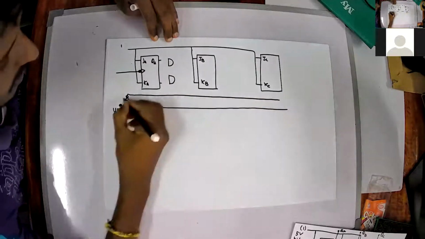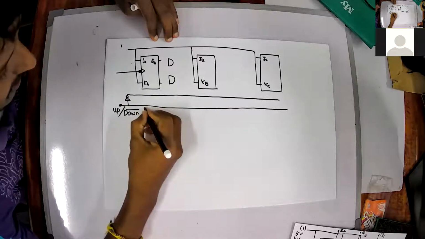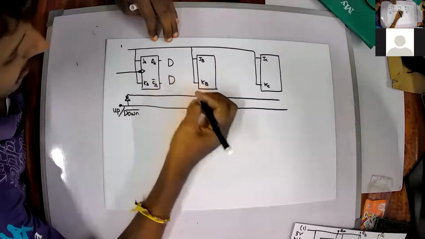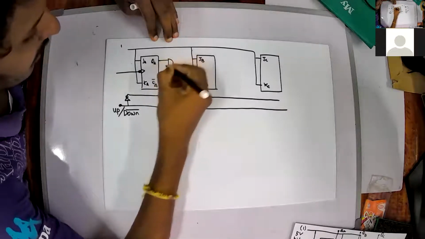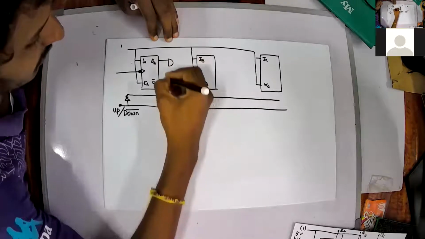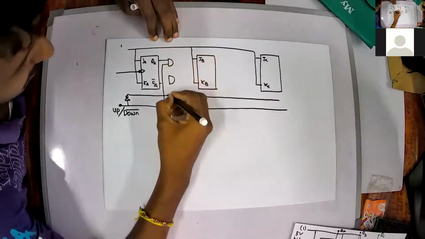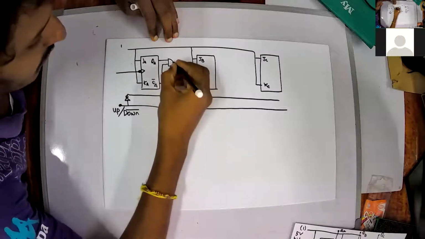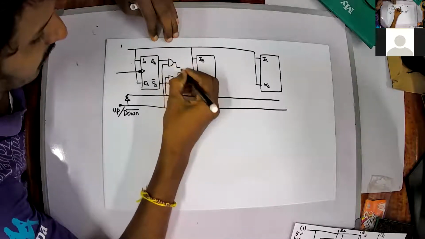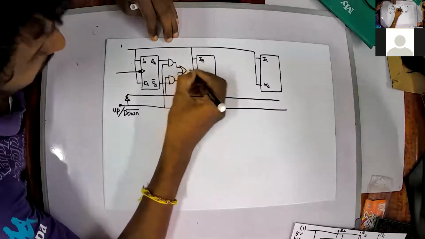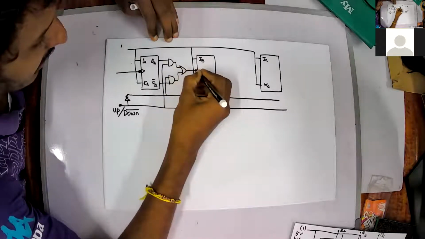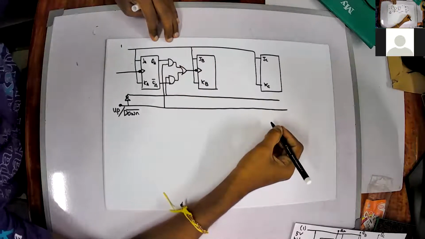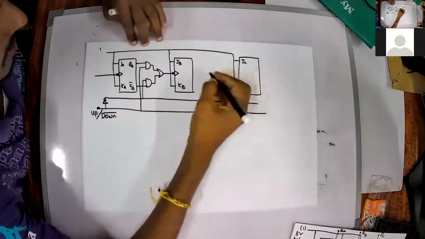This is up and this is down. This is QA bar. So up I can put from here, and down from here, and then I can give both of them to an OR gate, and give that to the clock of the next level. Clear? Again I can do the same thing there.